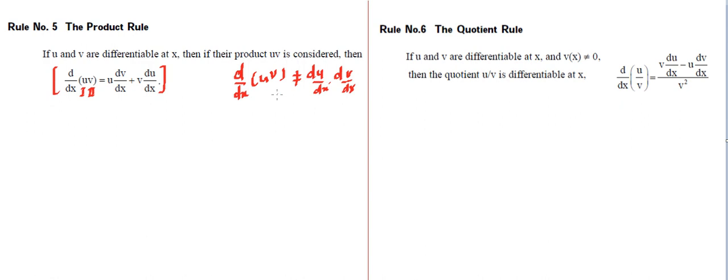Whereas in the case of addition and subtraction, you have seen that whether you add first and then differentiate, or differentiate first and then add, they are equal. But here, if you differentiate first and multiply, it is not going to be the same as multiplying first and then differentiating. Understood? Hence the formula becomes important, and the formula is: first function into differentiation of second, plus second function into differentiation of first. Let me show this by an example.